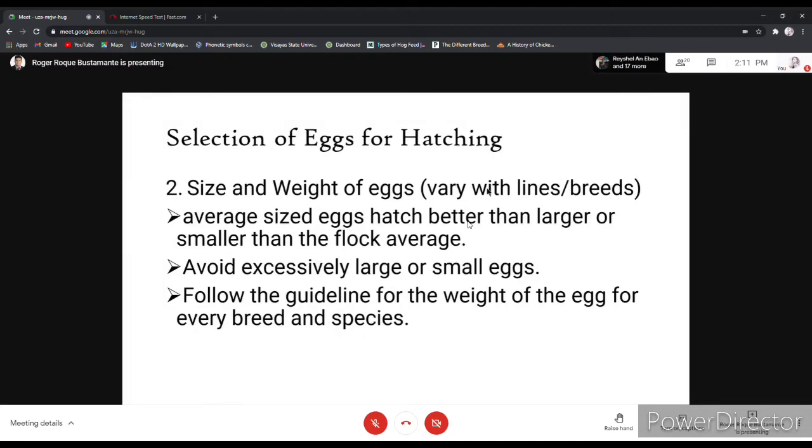The number of eggs the incubator can hold is affected when you are setting non-uniform eggs. So it is very important, and you have to remember that it varies with lines or breeds of poultry.